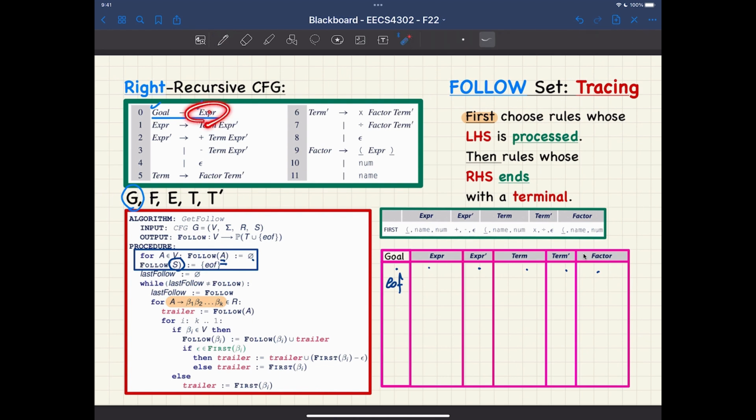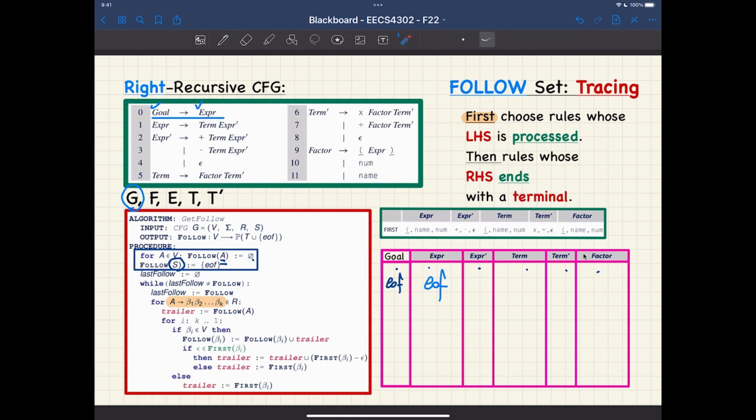Also, that component is immediately the rightmost component. So that means the follow of expression would just be the follow of Go. Agree? So we just put EOF. That's all we do. And of course, that will be the only iteration we run, just one variable. And we're done with this.